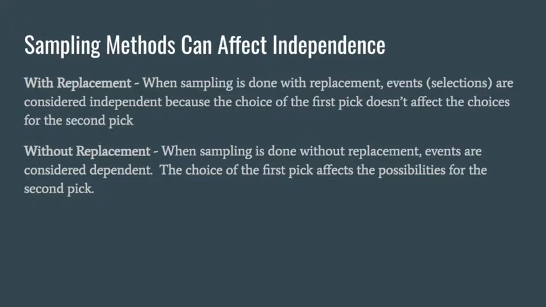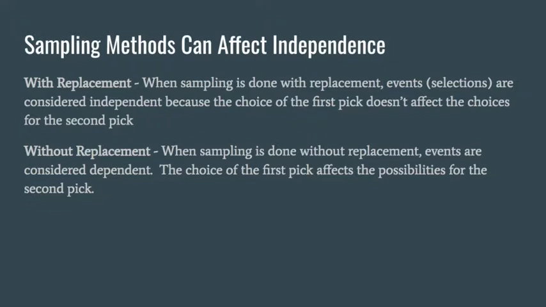There's 52 cards in the deck, 13 of each suit, ranked ace through king. If I want to know the probability of selecting a card from the deck and getting an ace, and then the probability of drawing a second ace, so on two successive draws, what's the probability that I get an ace and then the probability that I get another ace?